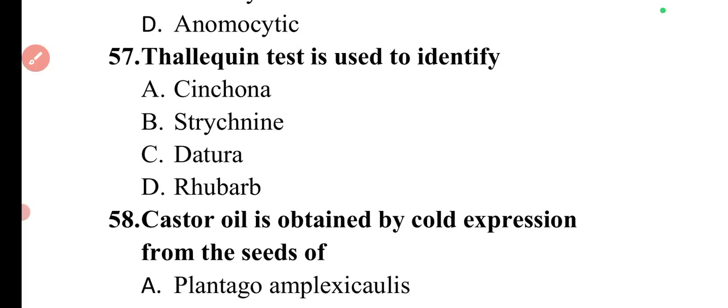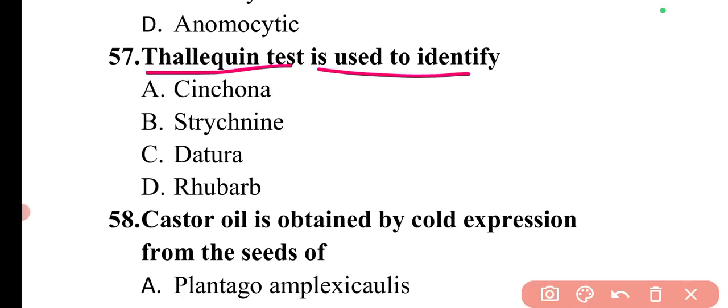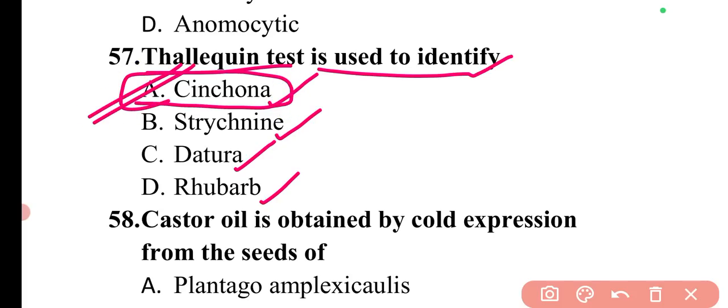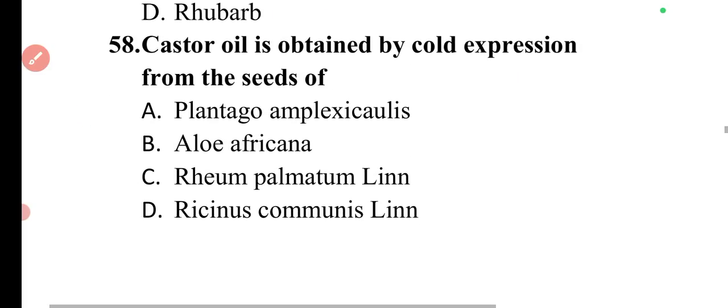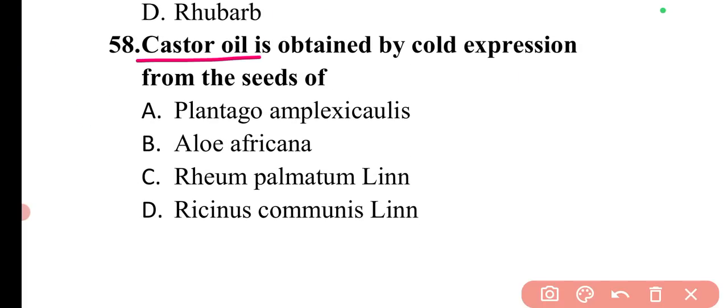Next question is Thalleioquin test is used to identify. Options are cinchona, strychnine, datura, or rauwolfia. And the correct answer is option number A, cinchona. Next question is castor oil is obtained by cold expression from the seeds of.